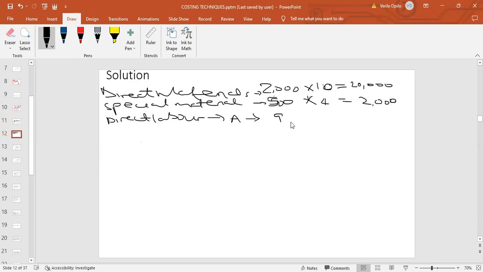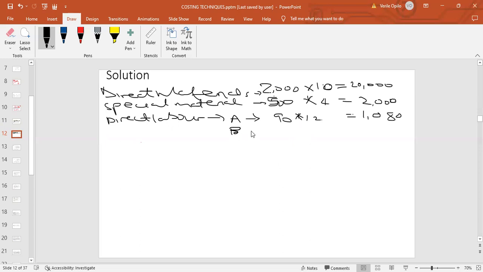So we say 90 multiplied by 12, that should give us, I believe, 1080. So we show that the labor cost was equal to 1080.